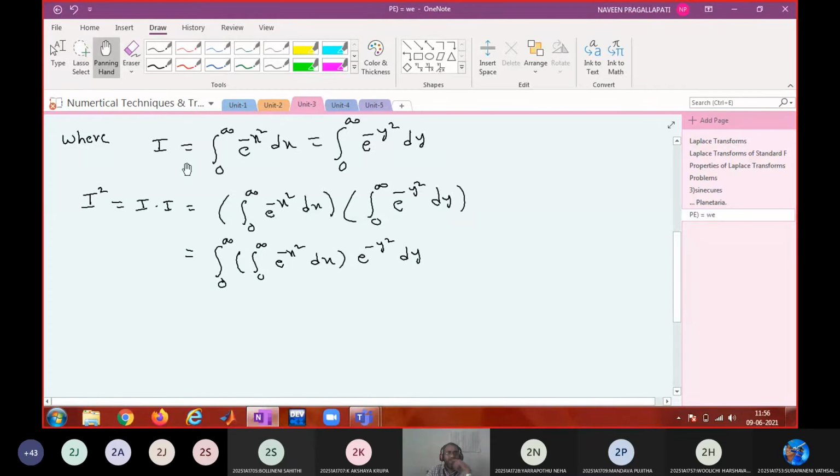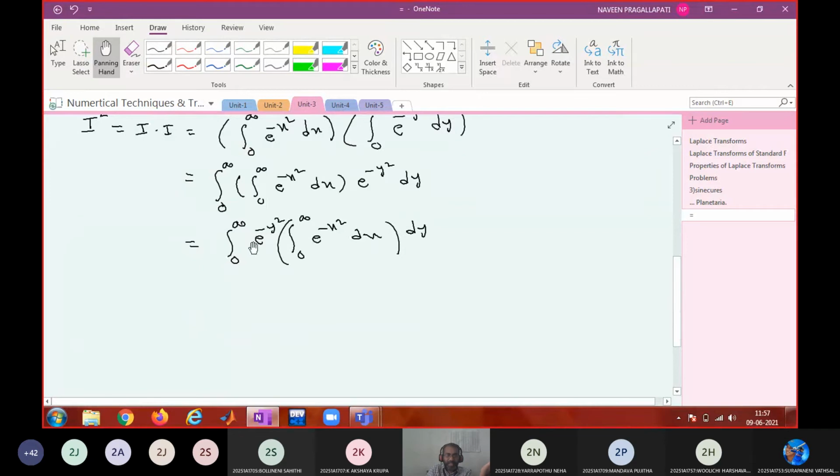Right. Now you are integrating with respect to x, no? So when you are integrating with respect to x, all other symbols are to be treated as constants. Agree? So I can write this as integral 0 to infinity e power minus y square, times integral 0 to infinity e power minus x square dx, dy. I just placed e power minus y square here. To this integral, it acts like a constant because you are integrating with respect to x.